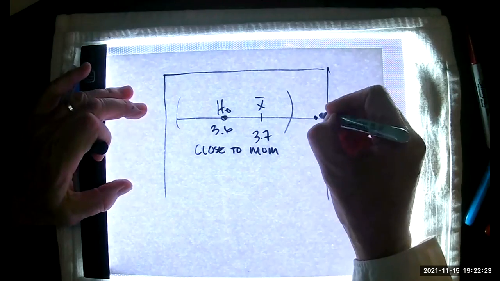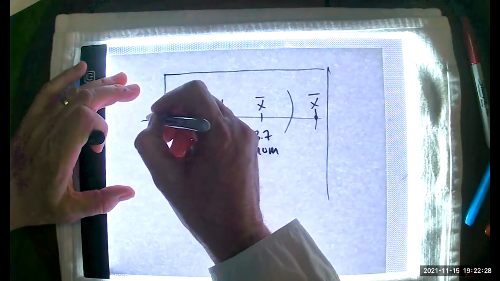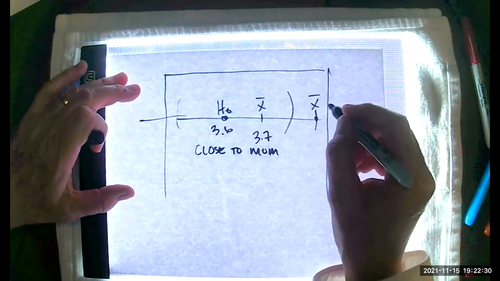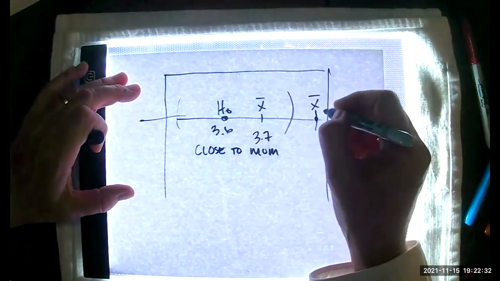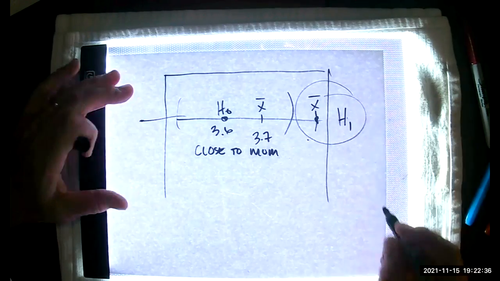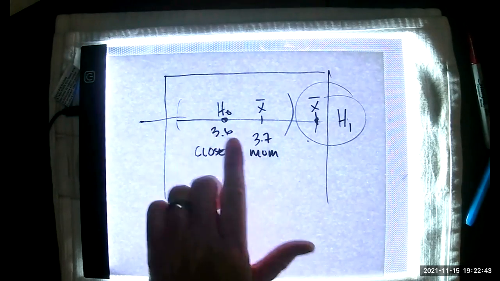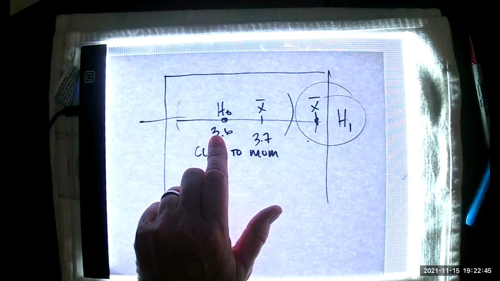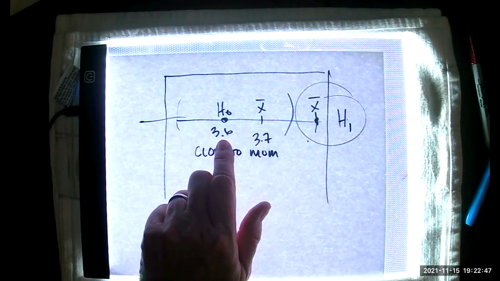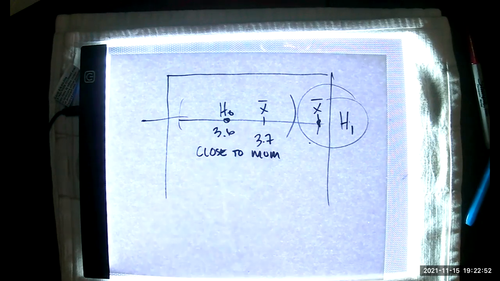My data point would have to be farther away in either direction for me to go ahead and work with the alternative hypothesis. So we were still fairly close to the claimed mean and the null, too close for us to dismiss this. This is more likely down to normal variability.